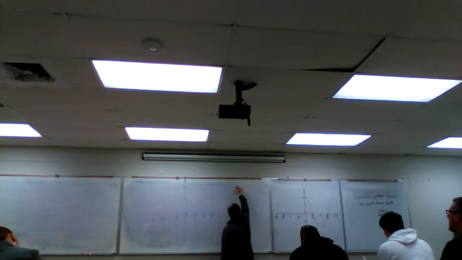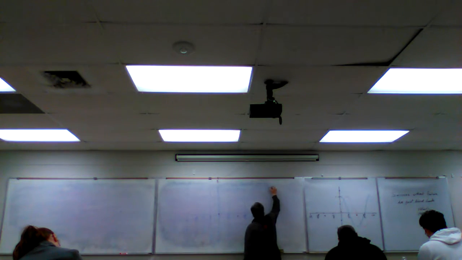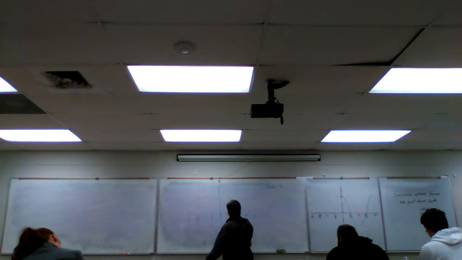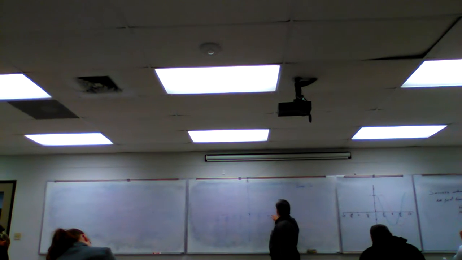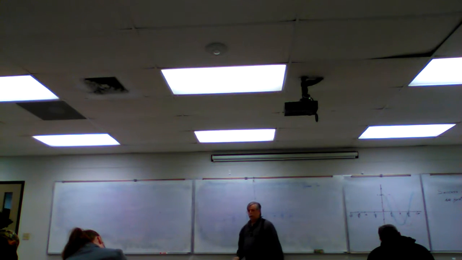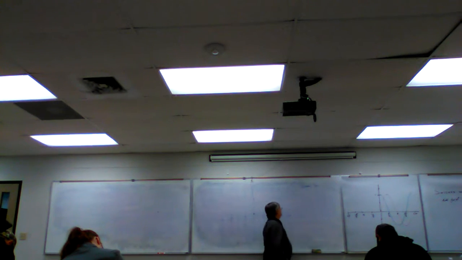So the domain of tangent is all real numbers except odd multiples of pi over 2. At 1 pi over 2, or at 3 pi over 2, minus pi over 2, minus 3 pi over 2.